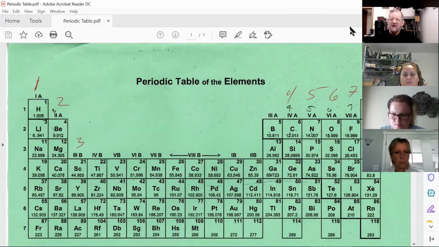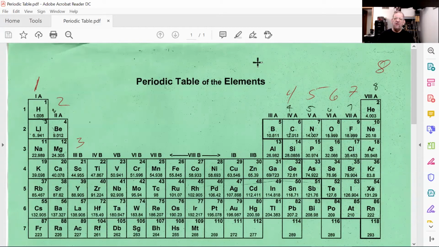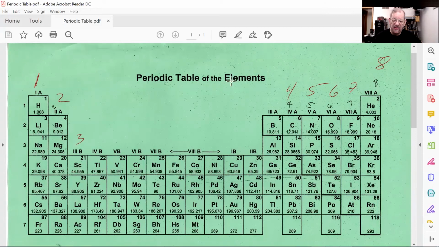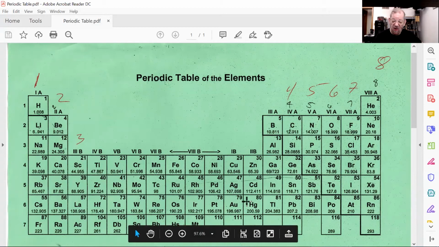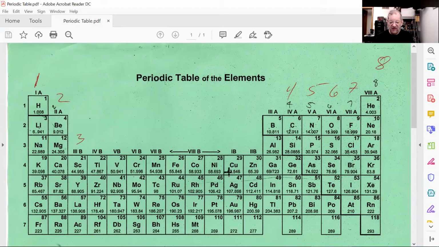All right, good. Now, 1 mole of an element equals its atomic weight in grams. Therefore, what does 1 mole of gold, Au, equal in grams? To 3 significant figures, 197. What does 1 mole of copper equal?